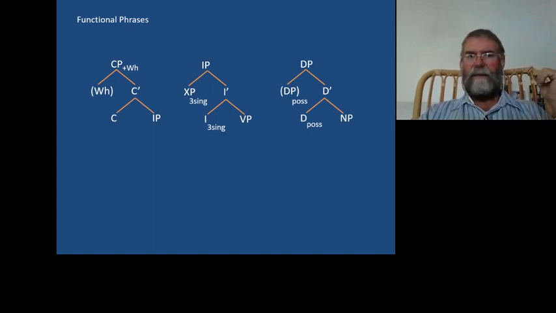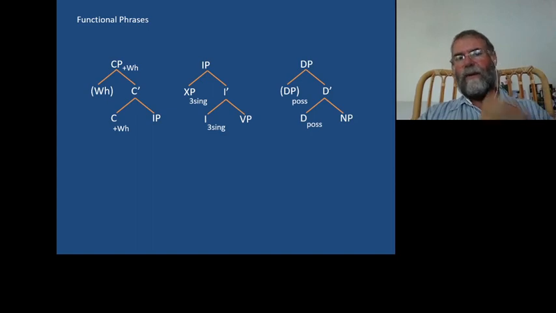What that must mean is that the head of that clause must be plus WH, because it's the head that determines the nature of the clause. And therefore, clearly, the head is in agreement with the specifier, because a WH phrase is clearly an interrogative phrase, therefore it's plus WH, being interrogative. So with a plus WH specifier, we get a plus WH complementizer.